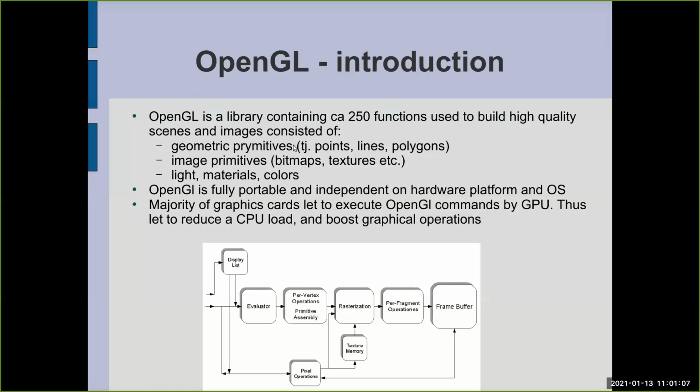And it lets us create lights, materials, colors, and so on. You can see that OpenGL pipeline is similar to GPU pipeline because it can be run in this pipeline directly. So graphic cards are able to interpret OpenGL commands by hardware.